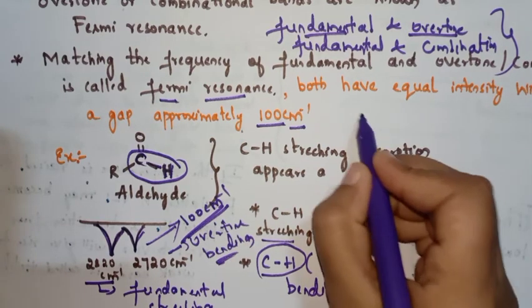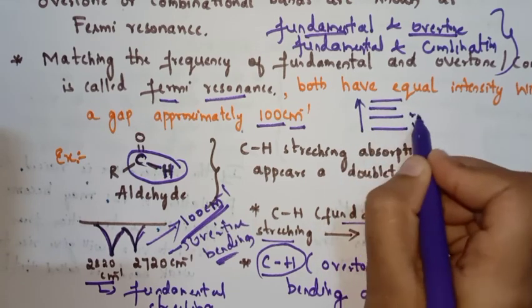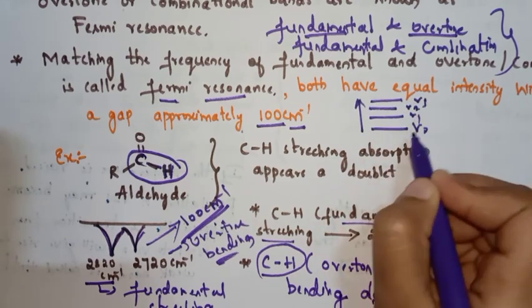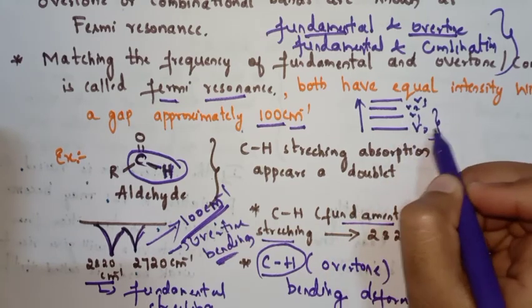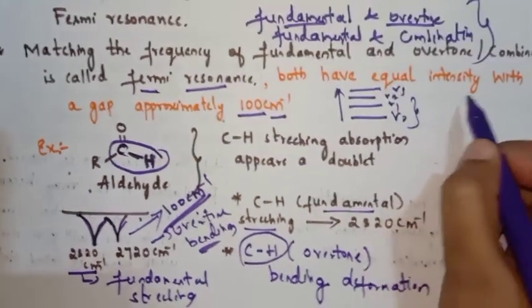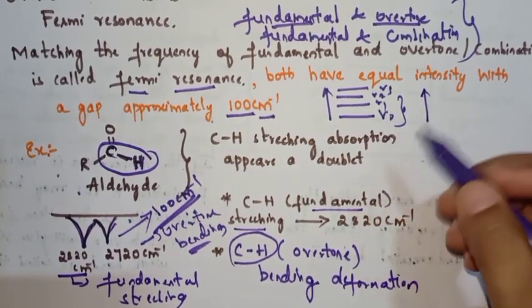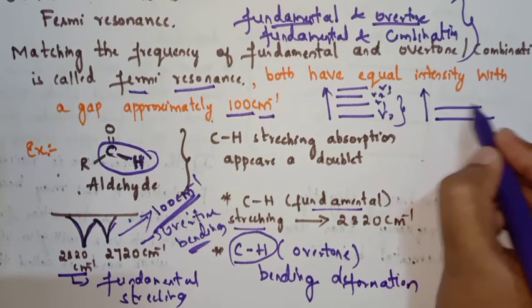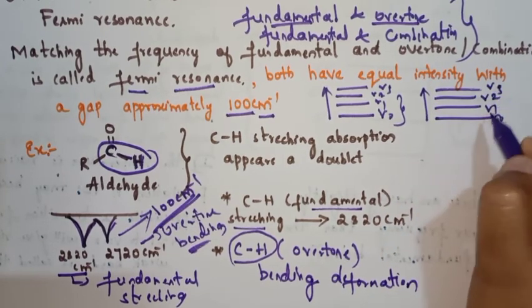We know the vibrational energy levels V0, V1, V2, V3. If the transition occurs from V0 to V1, it is called the fundamental band. And for the combination or overtone bands, let's consider the first overtone, V0 to V2.